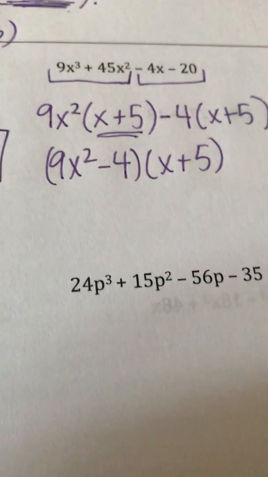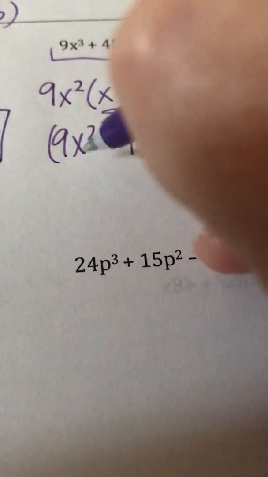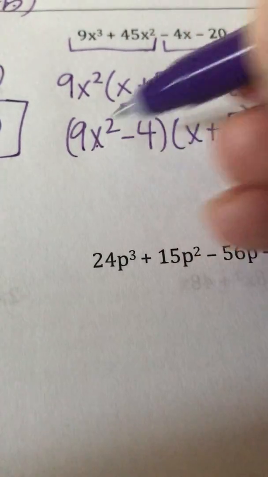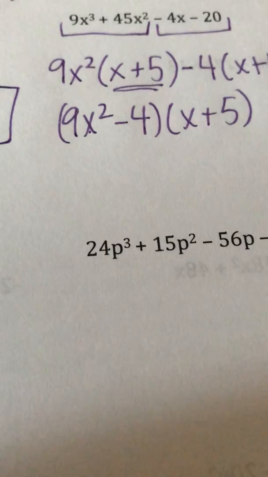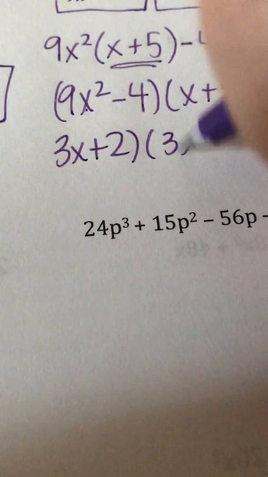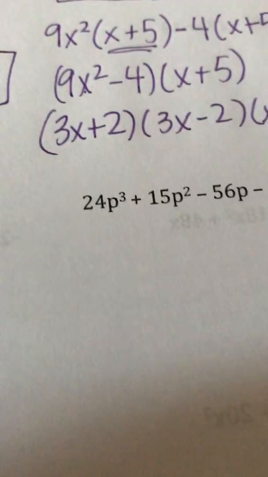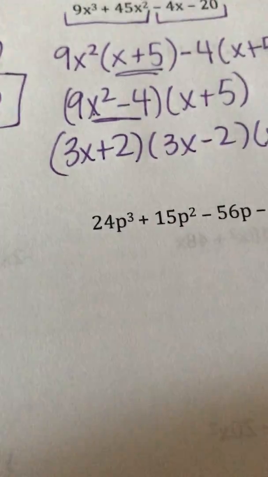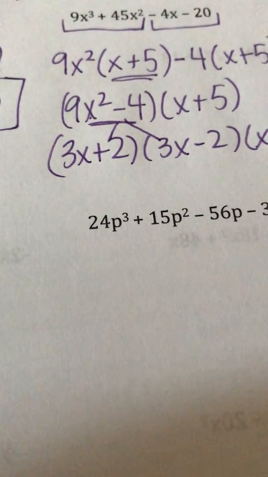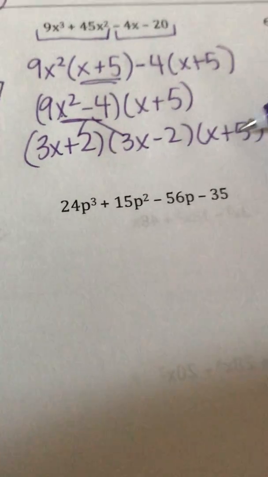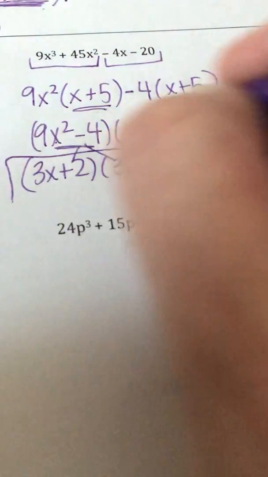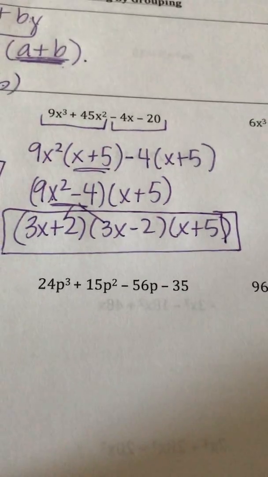Difference of squares. Yes, difference of squares. So this is squared, and this is squared, and there's a subtraction sign in the middle. So 3x plus 2, 3x minus 2, x plus 5. This one factored out again to these two parts, and this is left just the same right there. And that's my final answer.